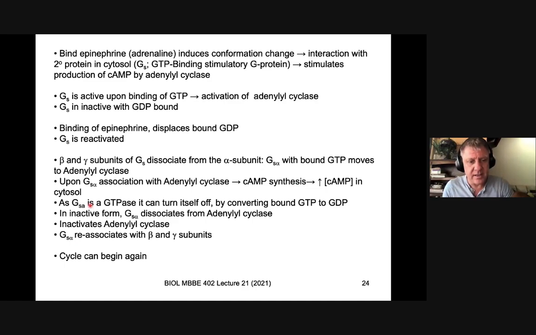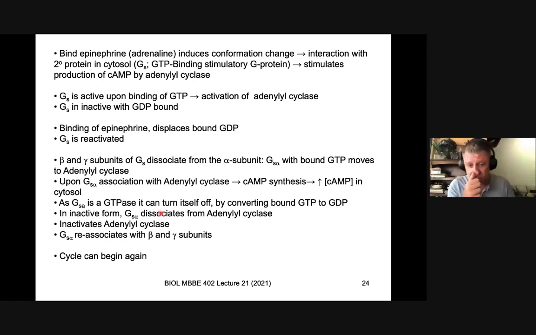So as we see with the GS alpha, we can have a GTPase, which can basically cut the phosphate group off the activated GTP in the stimulatory protein and bring it back to GDP, which is in this case inactive. With this inactivation, we get dissociation of the stimulatory protein from the adenyl cyclase.